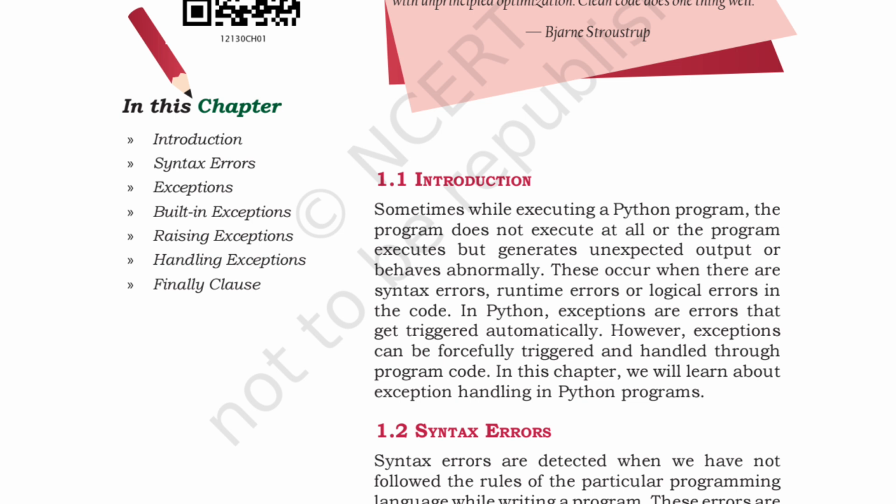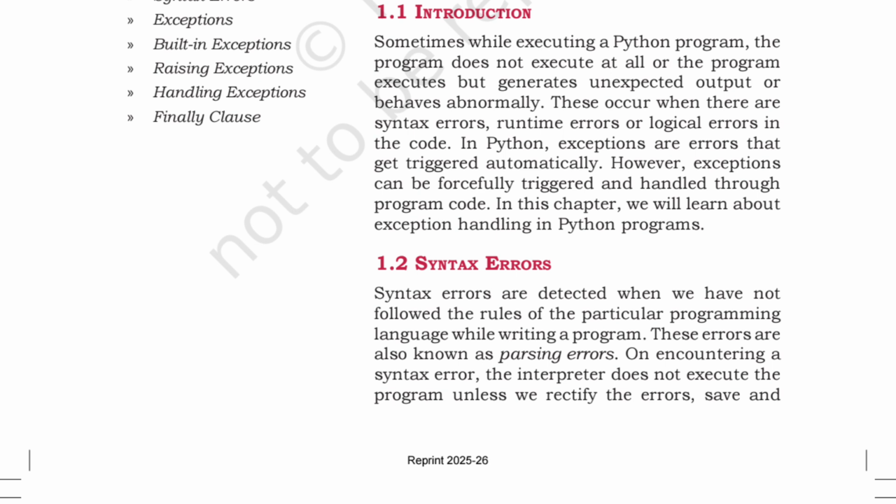So let's start with the syntax error. This syntax error is detected when we have not followed the rules of the particular programming language while writing the program. So over here this is called a parsing error.